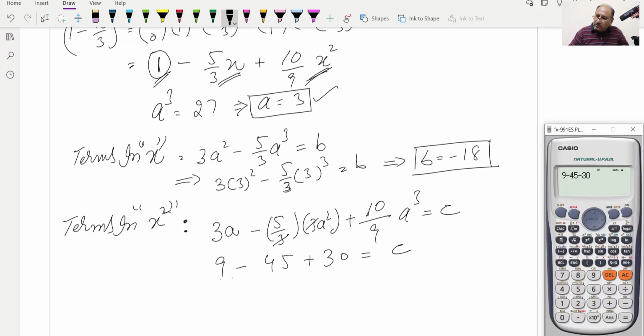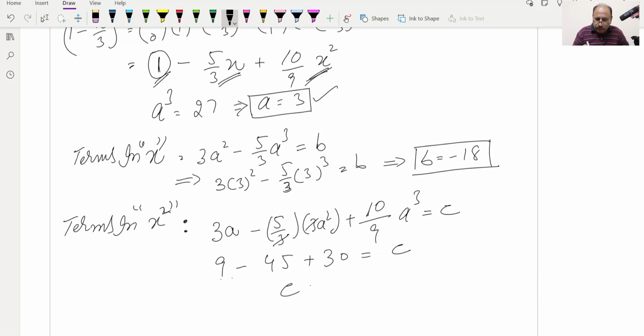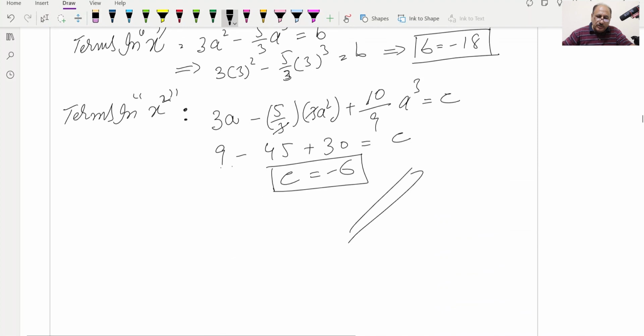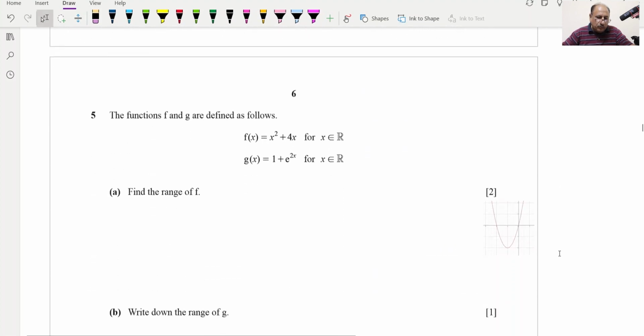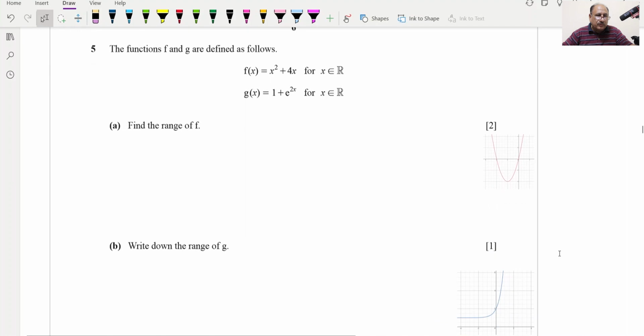Basically in this calculation we made a mistake, instead of plus we wrote minus, so this will be minus 6. So the c value will be equal to minus 6. This is the a, b, c values which we were supposed to find, which we have done. Hopefully you understood. Lengthier calculations always have more chances of mistakes. You will have to be more careful for that.